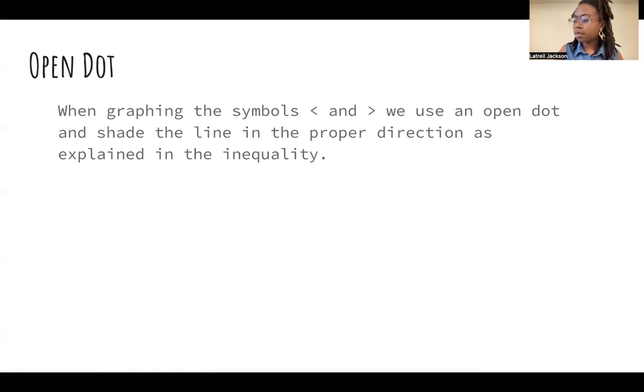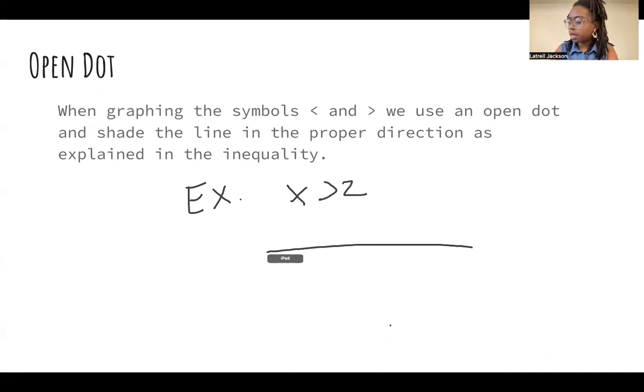So let's say we have x is greater than 2, okay? So this is a greater than symbol. We can look at a number line and plot 2 here.